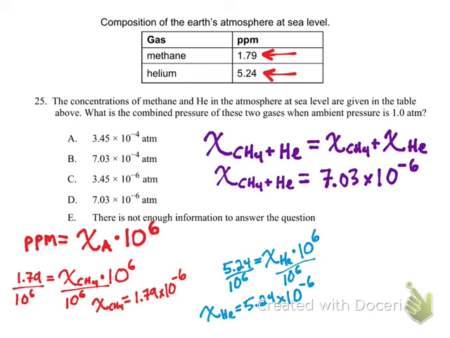So then finally, the way that we can answer this problem is remembering that the pressure exerted by a given gas, or in this case by a collection of gases, is equal to the mole fraction of said gas, or collection of gases, times the total pressure.